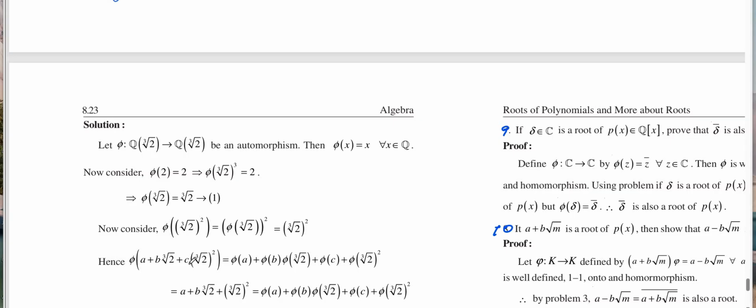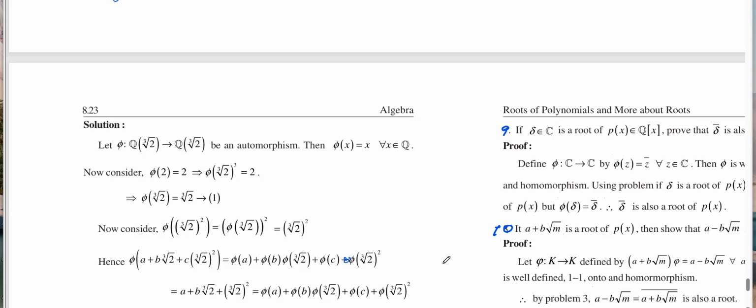Because phi is a homomorphism, you have this step, phi of c into this. Here a, b, c are rational numbers, so you have b as such. Again this is proved just now, so you have this.